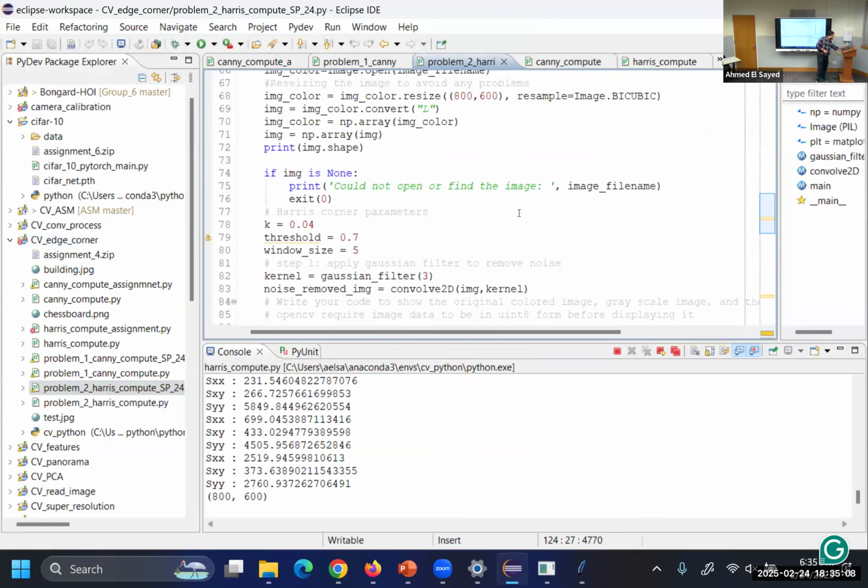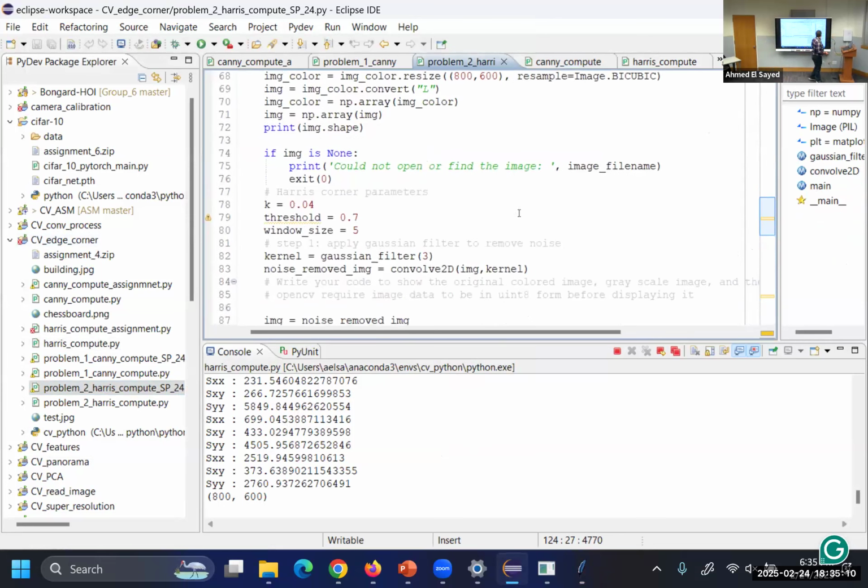Decrease this Gaussian value. This is the first step. What else? Thresholding. Exactly. This threshold.